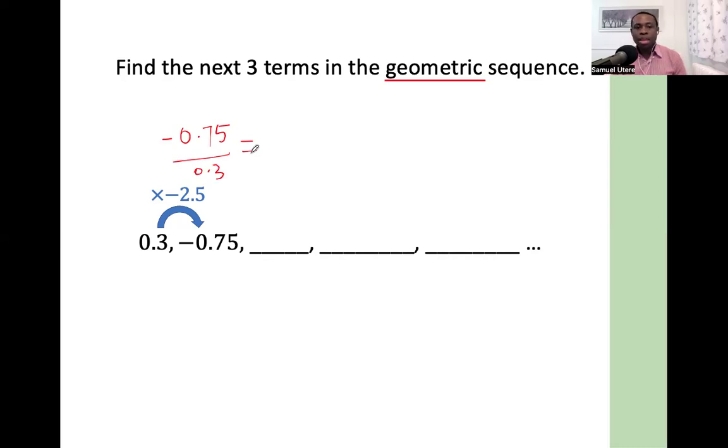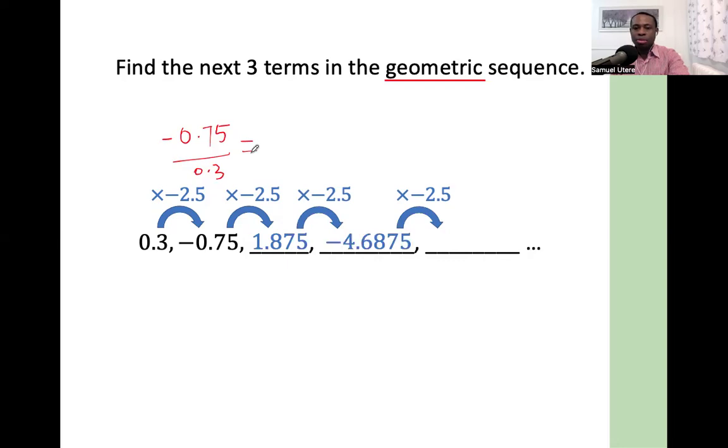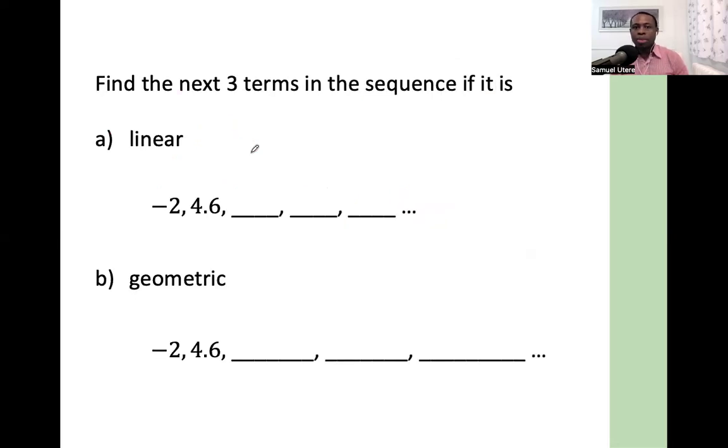And then once you get that number, you say, okay, negative 2.5 is the special number that you are using to multiply every time to get the next term. So the next one will be negative 0.75 times negative 2.5. And then 1.875 times negative 2.5, so on and so forth to get the next three terms. Okay, I want you to pause the video and try these real quick.